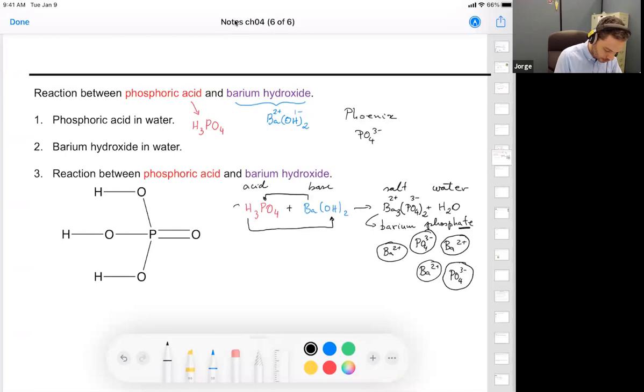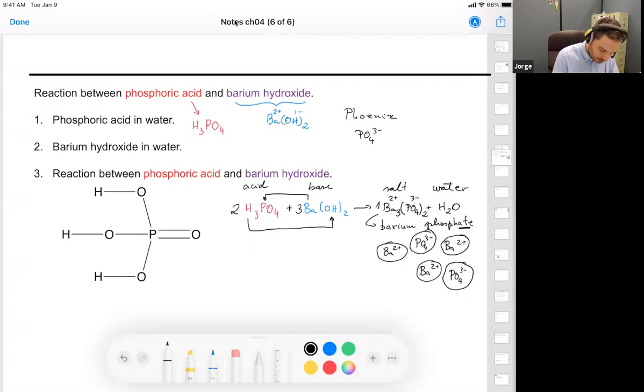What we are going to do is to add 2 as the stoichiometric coefficient in front of the acid. The second step that I like to do when balancing this kind of reactions is to look at the positive part of the salt. You can see here that we have 3 barium ions. Therefore, we are going to add a 3 in front of the base as our stoichiometric coefficient.